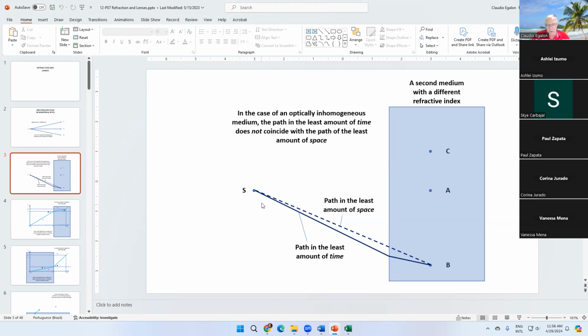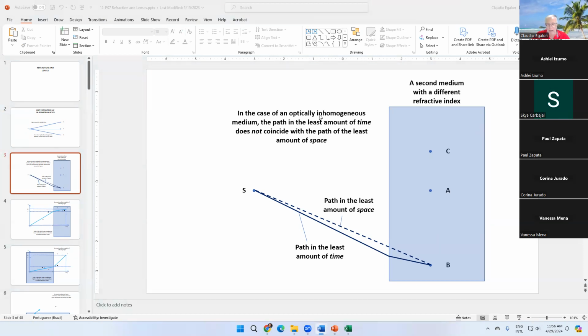So that's what we end up finding out. If we apply this principle of least time, then we end up with a very important equation that we call Snell's law. Remember, it's not really a law, but a consequence of the principle of least time.